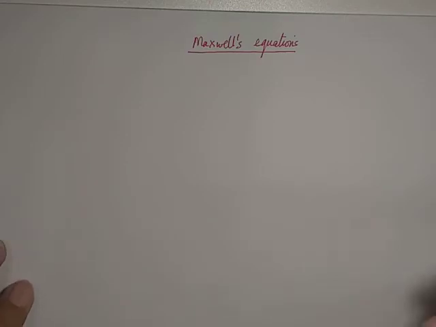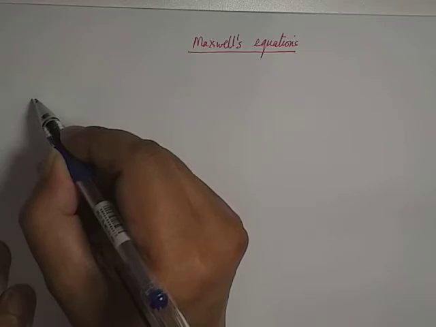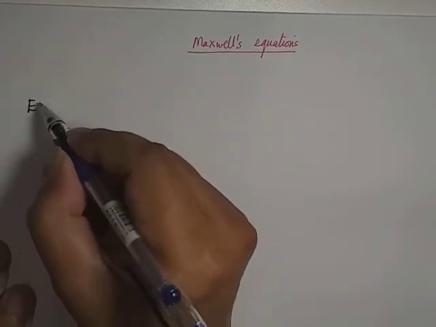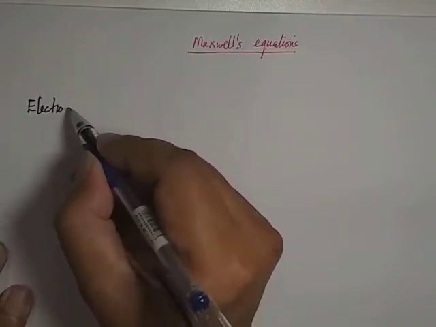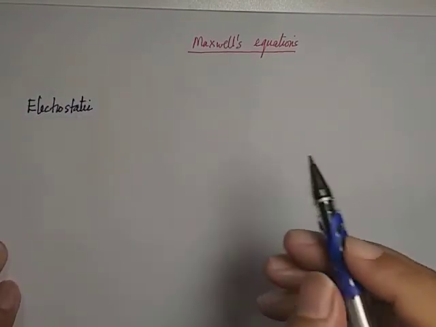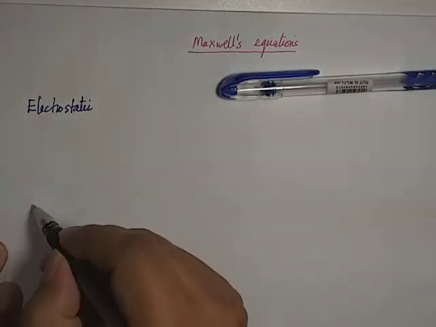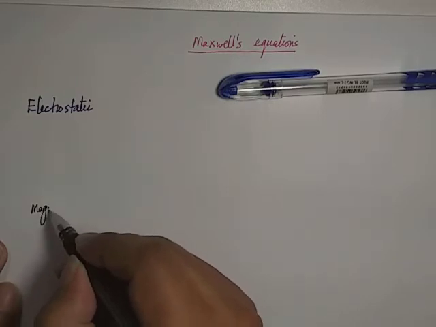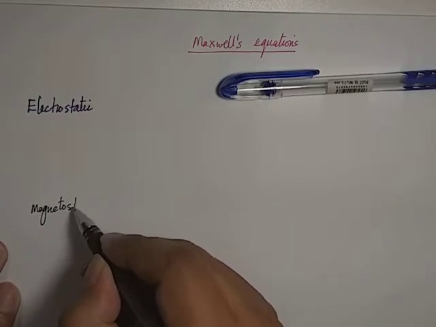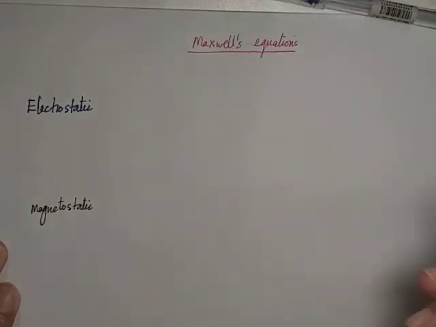So I'm going to first define for electrostatic, then we're going to talk about magnetostatic. How many formats can we represent our Maxwell equations in?